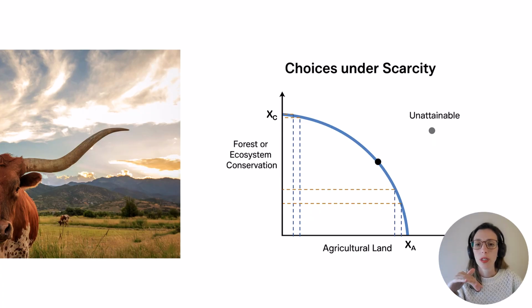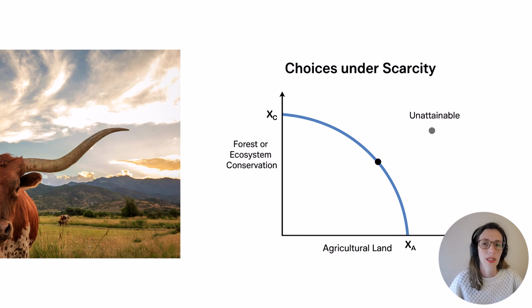In other words, when one type of land dominates, lots of forest and little agriculture, the sacrifice for a small change is small. As you move along the curve, converting more forest becomes increasingly costly because the remaining land is more valuable for conservation.